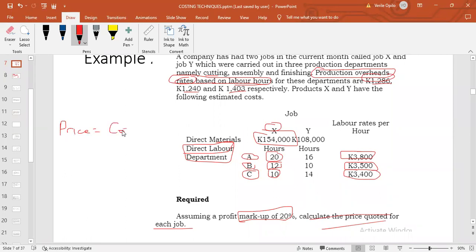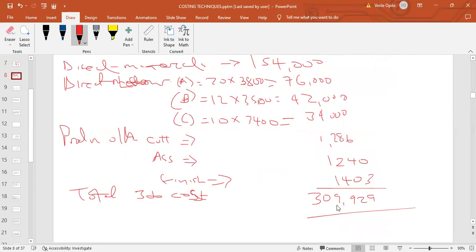So in this case, you're going to add the cost and then 20% of the cost. That should give us the total price of the item. For our case, we have computed that the total cost of this item is 309,929. The company would want to add an extra 20% on top, so as to make a profit of an extra 20% of the total job cost.